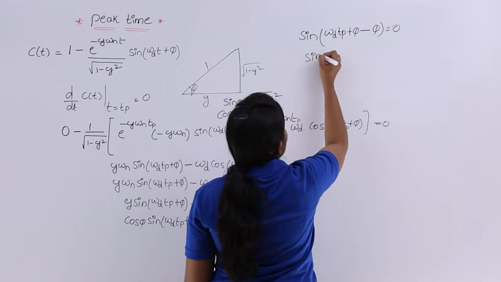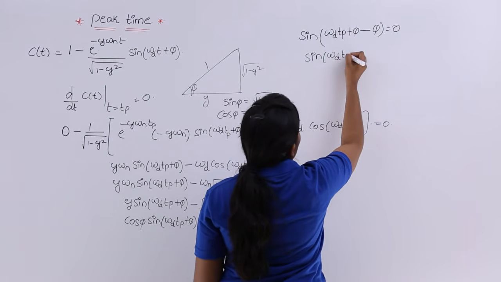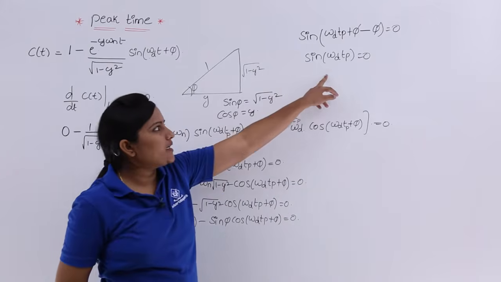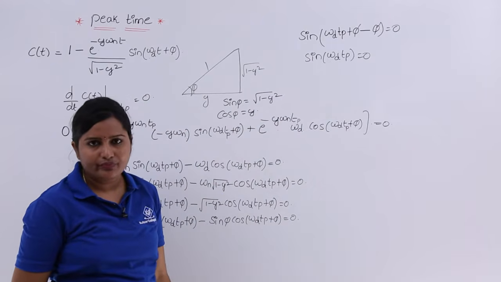So the resultant is sin omega d Tp is equivalent to 0. Phi gets cancelled and sin omega d Tp is equivalent to 0.